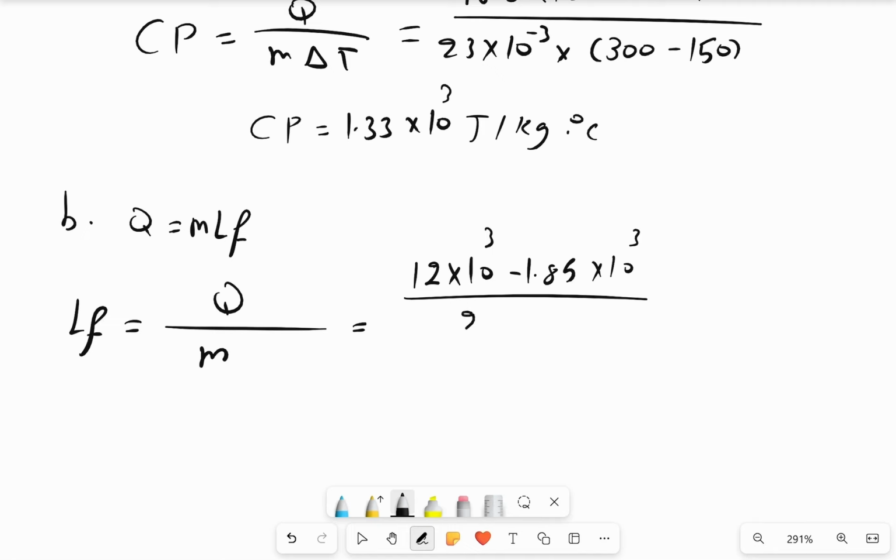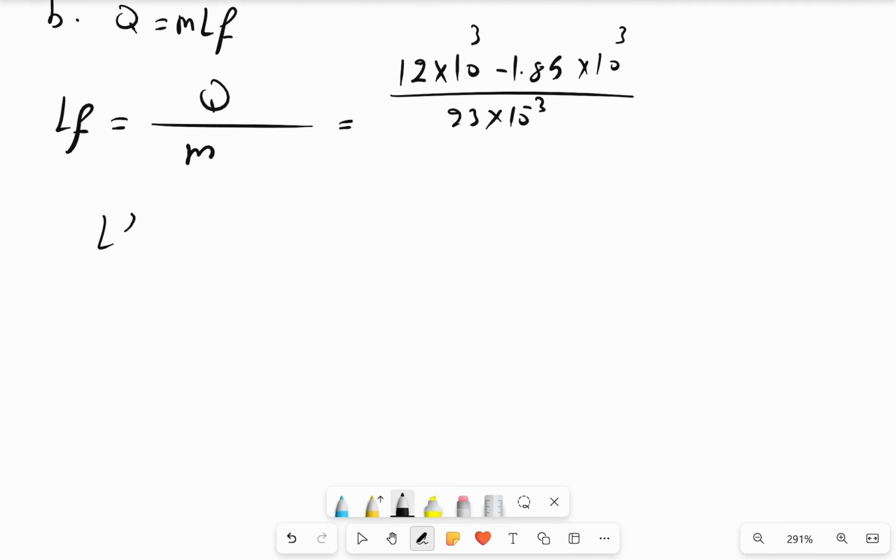Divide this all by 23 times 10 to the power of minus 3. Latent heat of fusion is equal to 4.41 times 10 to the power of 5 joule per kilogram.